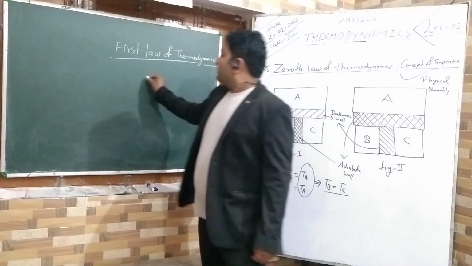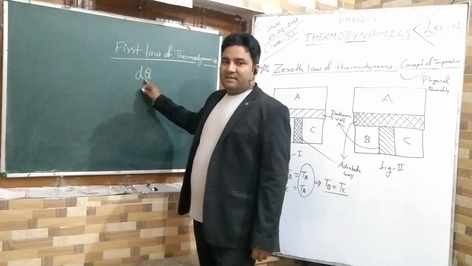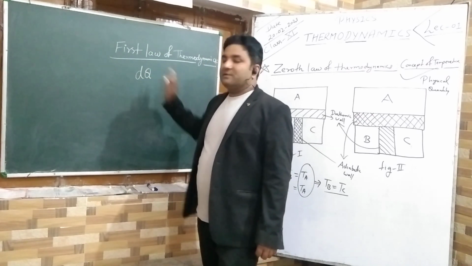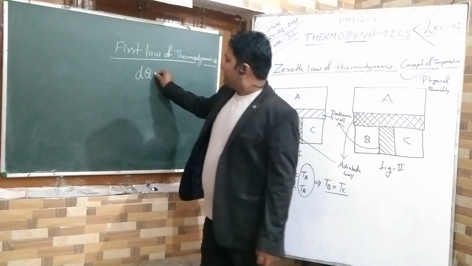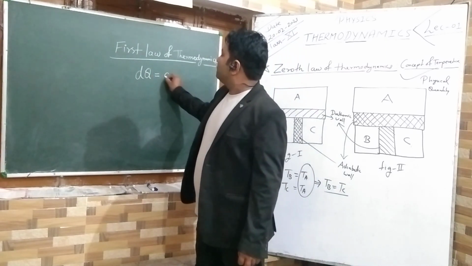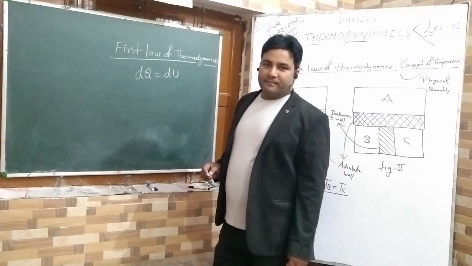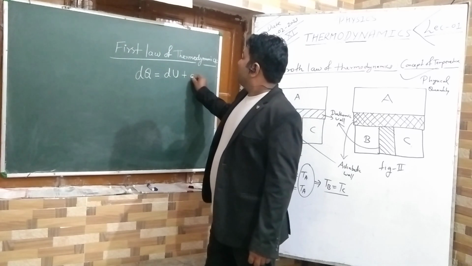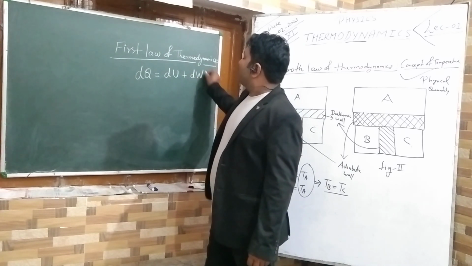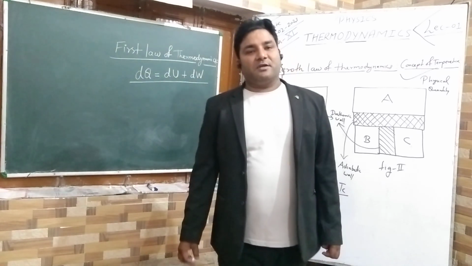Suppose dq amount of heat is given, a dq amount of energy is taken, then this amount of energy is utilized in two ways: in increasing the internal energy, that is development of the body, and also in doing some work. This is the mathematical form of the first law of thermodynamics.